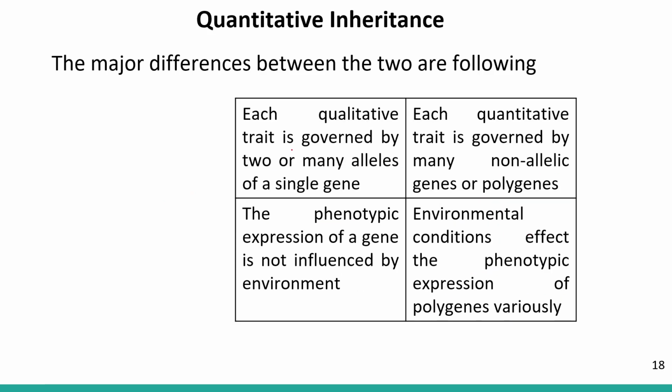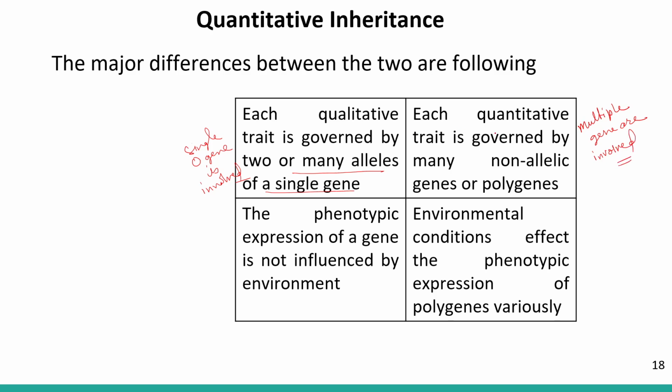Each qualitative trait is governed by two or many alleles of a single gene. So here a single gene is involved. And in the quantitative case, multiple genes are involved.